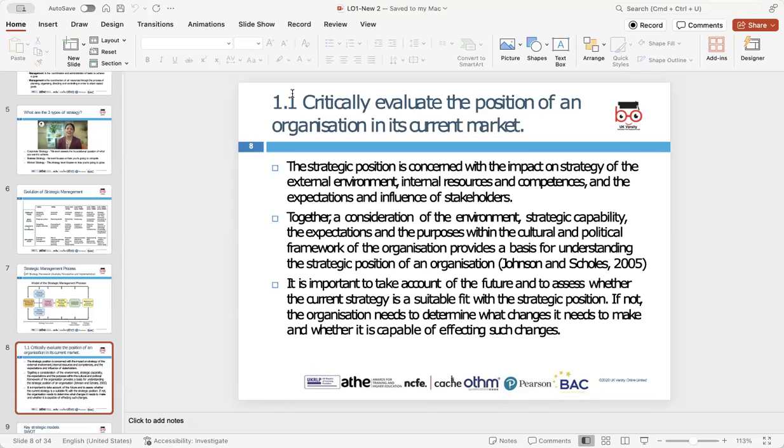It is crucial to consider these factors to understand an organization's strategic position: the environment in which an organization operates, its strategic capabilities, and stakeholders' expectations. These must all be evaluated to determine if the current strategy aligns with the organization's position. If there are discrepancies, it is important to identify necessary changes and assess the organization's ability to implement these changes effectively.